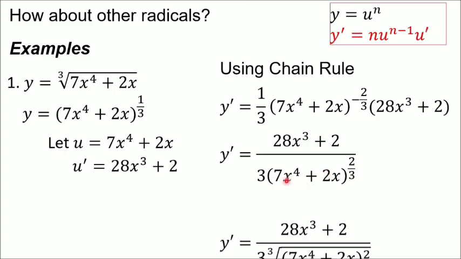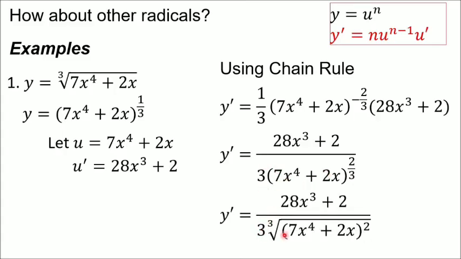So magiging yung denominator niya is 3 times the cube root of 7x to the 4 plus 2x squared. Yung 2 doon, yun ang magiging exponent nung nasa loob ng radical, and then yung 3 sa denominator, yan yung index ng radical natin. And this is our final answer. We don't have to expand this square here inside the radical. Okay na to.